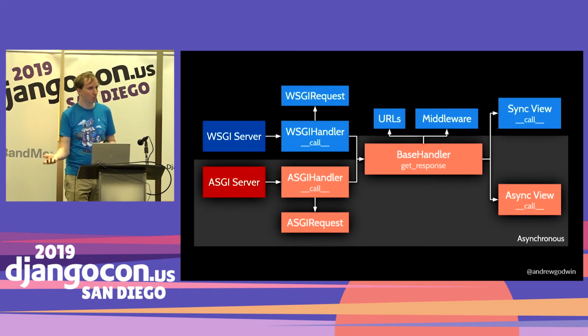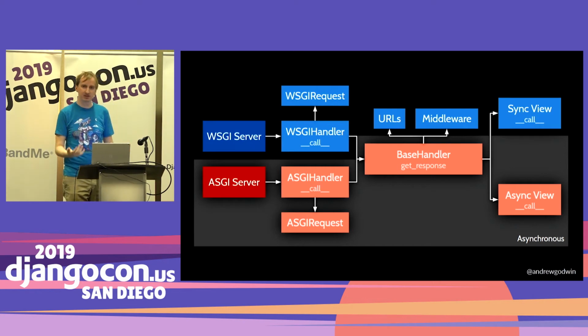If it's synchronous, we use sync_to_async and call it in a thread. If it's asynchronous, we can call it natively and have it run in our event loop. What this means is you've got a fully asynchronous path from the ASGI server all the way through to your view, which means you have all those benefits of being natively async.